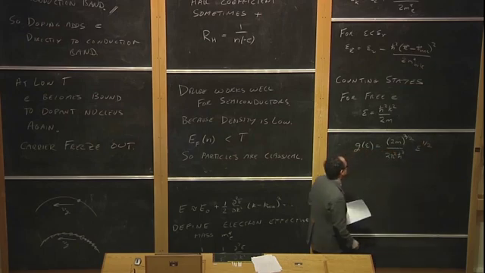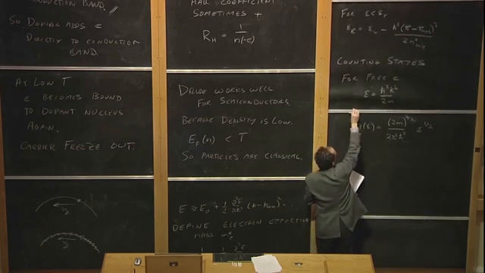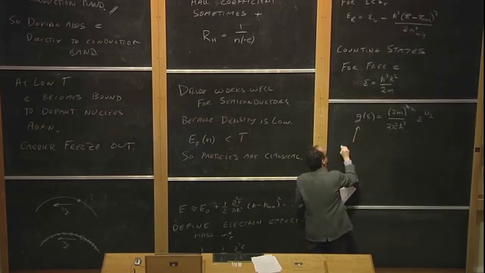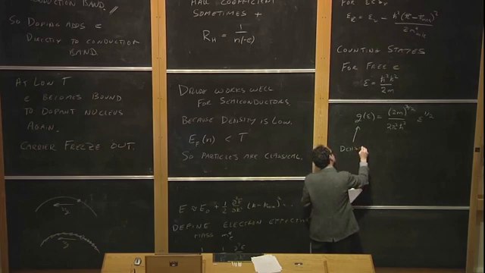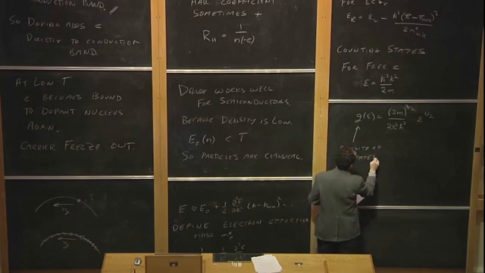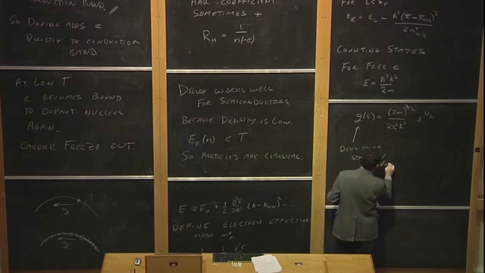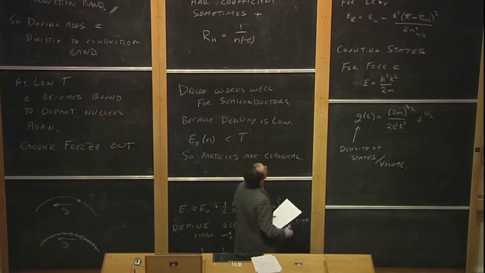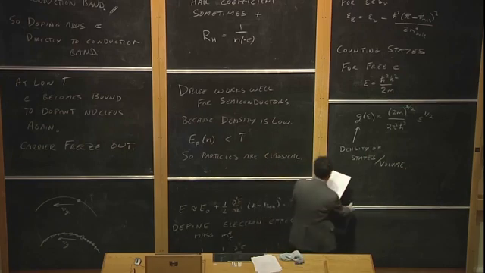We calculated this, I think, on the second or third day of the term. This is the density of states per unit volume. So we'd like to use exactly the same calculation except for the conduction band and the valence band here.